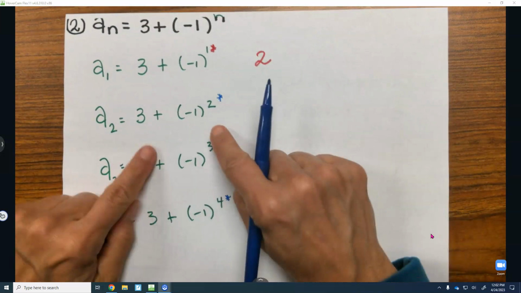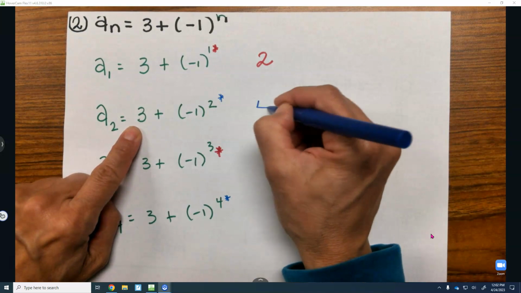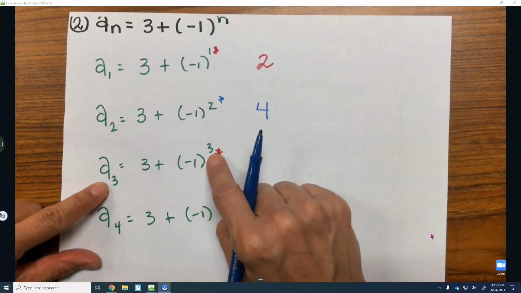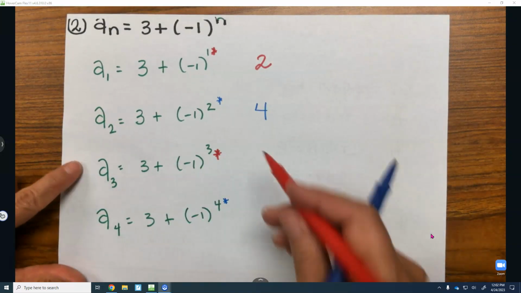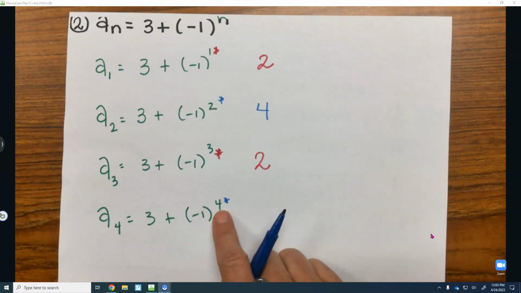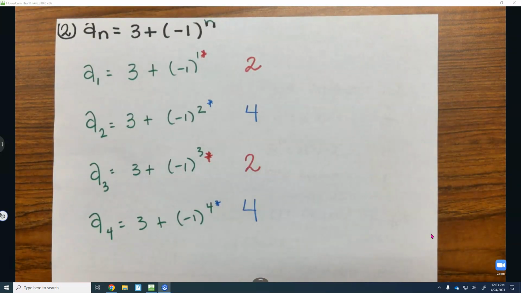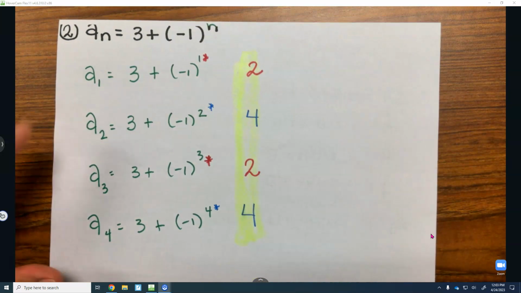But over here, remember negative 1 squared is a positive 1, so 3 plus 1 is going to be a 4. And then again, a negative 1 raised to an odd power is going to stay a negative 1, so 3 plus a negative 1 is a 2. And then a negative 1 to an even power is going to end up being positive, so this turns into a 4. So that's going to be the answer for problem 2. Those are the first 4 terms.